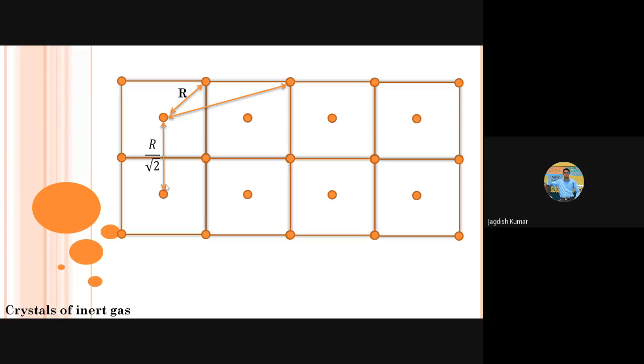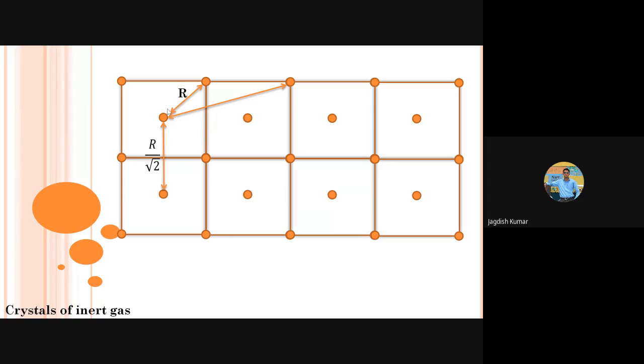If I complete this triangle, this is x by 2, this is also x by 2, so apply the simple Pythagoras theorem. This distance is r by root 2 up to here, but the full distance is twice that, so this will be root 2r.